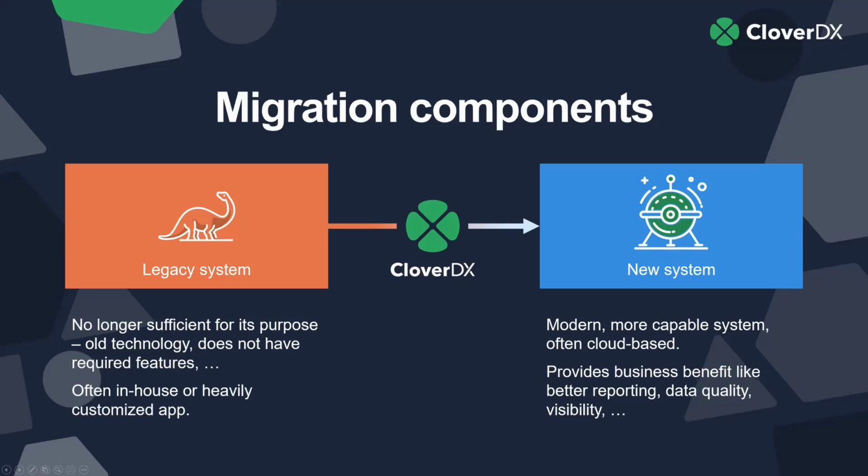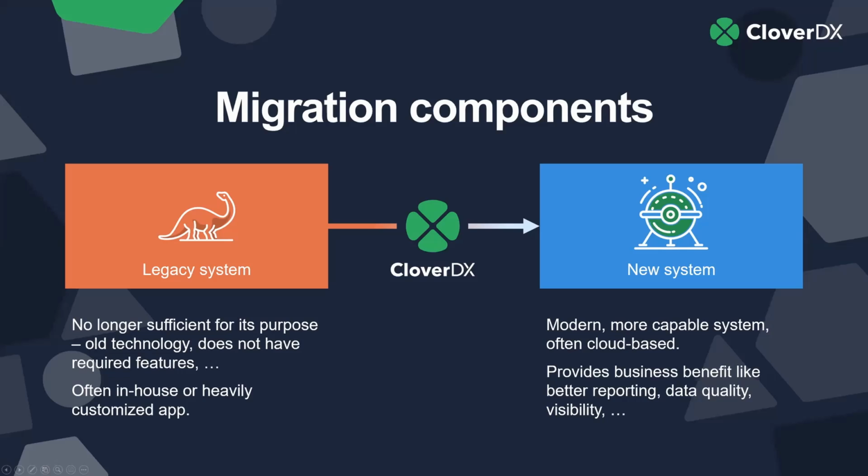One of the reasons for going to the new system might be simply the integration, right? It's difficult to keep multiple existing, sometimes old technologies, and in-house built customized applications, and things like that.